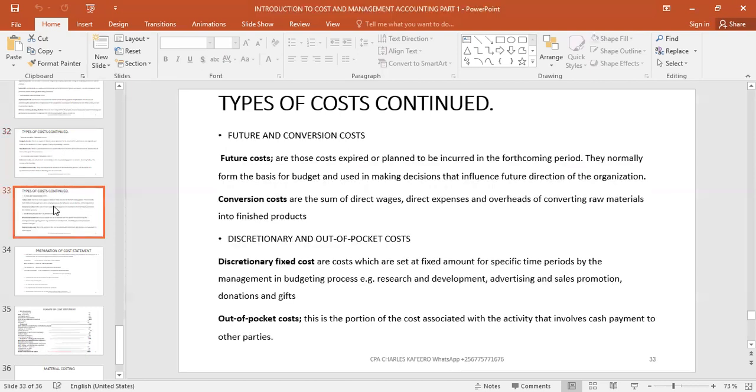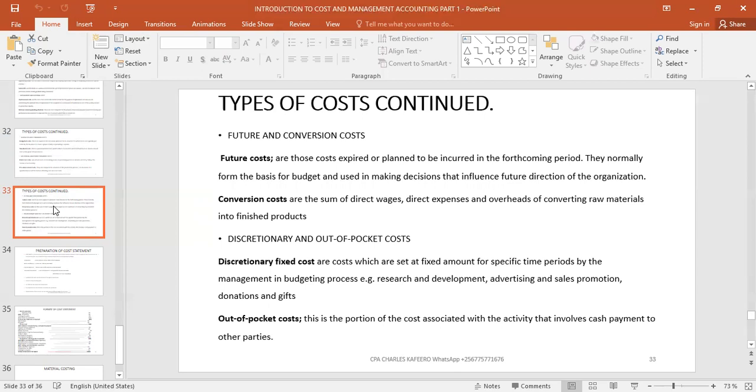So you can allow me to go to the future costs and conventional costs. Future costs are those costs expected or planned to be incurred in the forthcoming period.